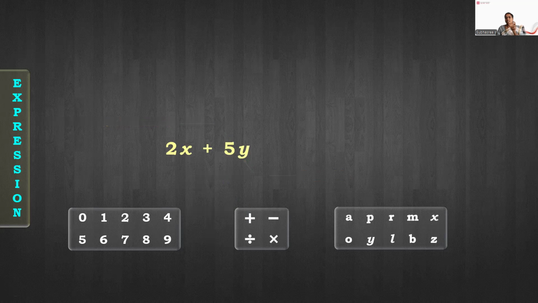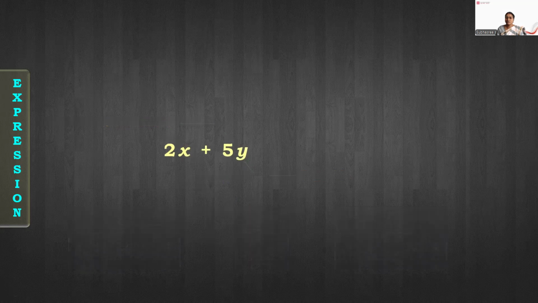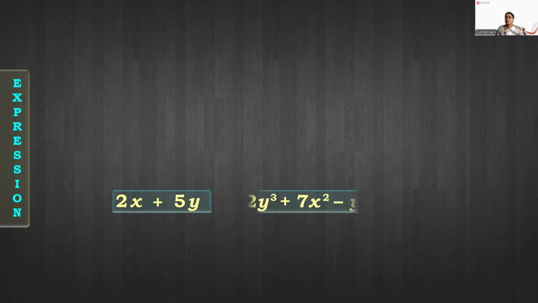When you include mathematical operations, it can be given as a normal expression or an equation. It is given as 2x plus 5y. Okay, children, are you clear? 2x plus 5y is an expression. This is one example you are seeing.